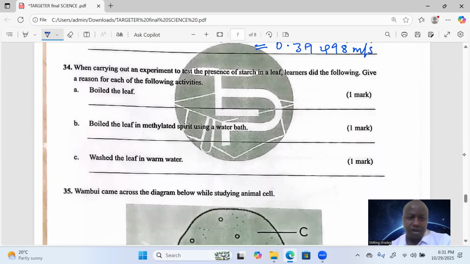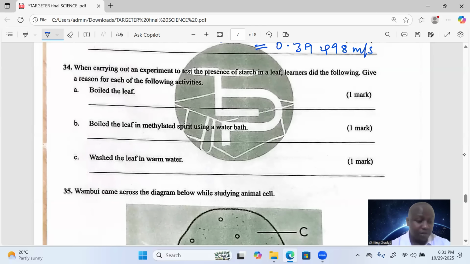Now, when carrying out an experiment to test in number 34 the presence of starch in a leaf, learners did the following. Give a reason for each of the following activities. Boiled the leaf.